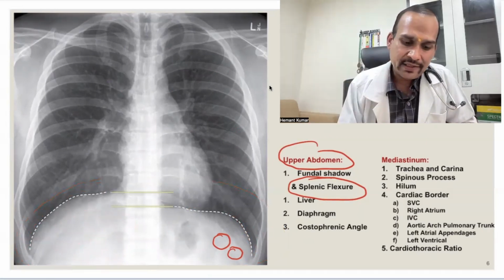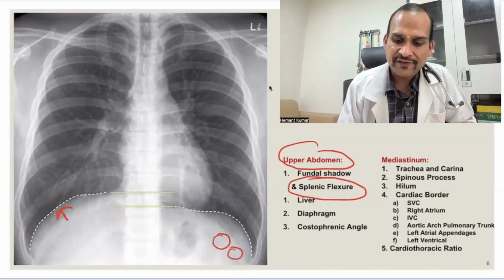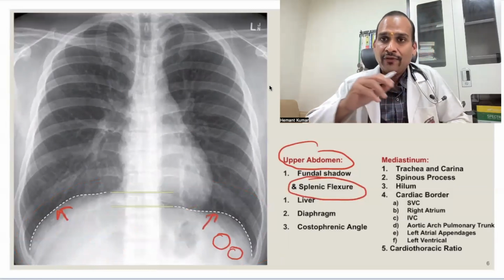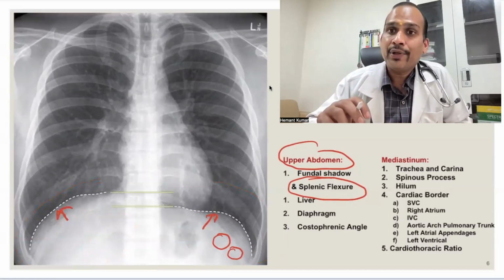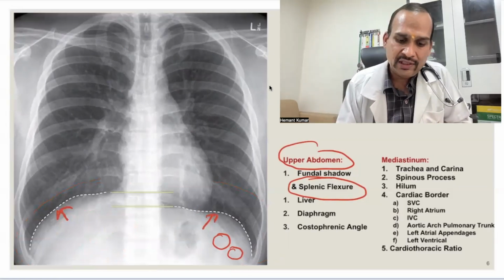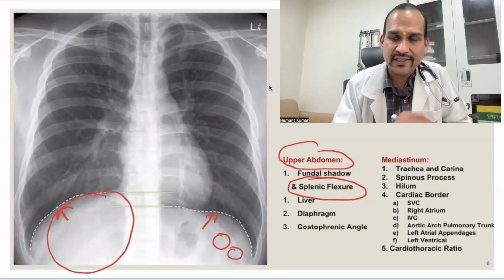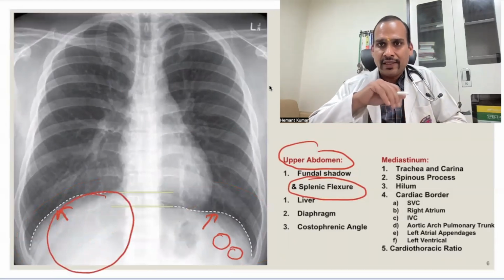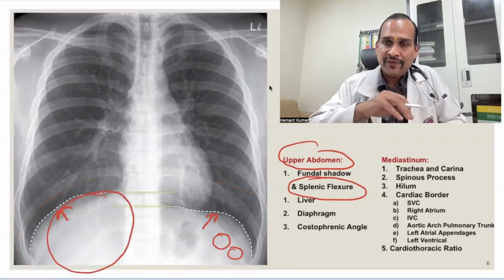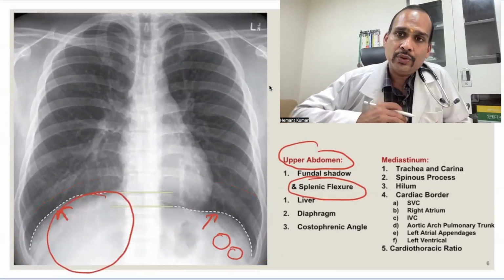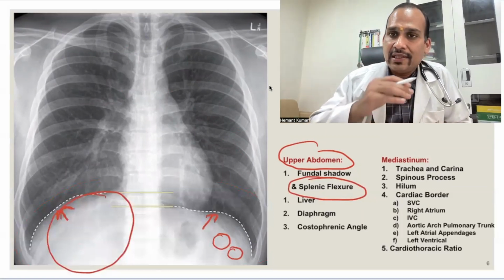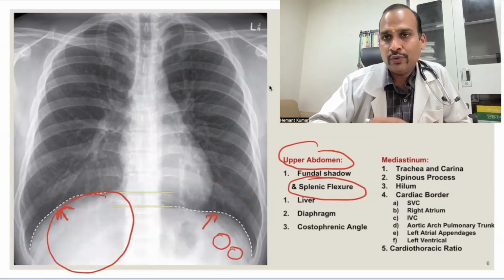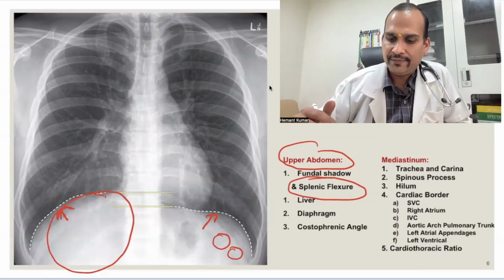The right side is higher, the left side is lower. Why is the right diaphragm higher than the left? Because of the liver. The liver has to occupy this area on the right side, and that's why it pushes the diaphragm to the upper side. So the right diaphragm is elevated as compared to the left diaphragm.